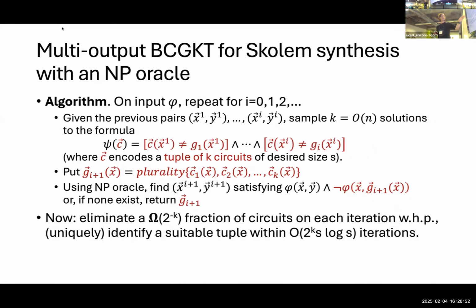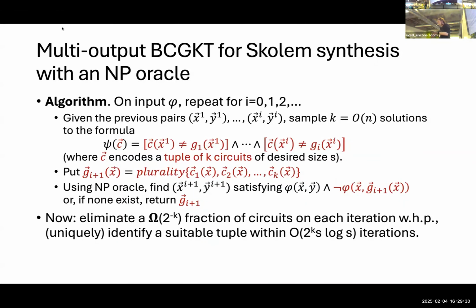I'm going to give a circuit that on some input says, what's the majority of the votes from the tuples doing on this bit? Or sorry, plurality. The point is that, because there's a small number of bits here, every time I find a counterexample, approximately a 1 in 2 to the k fraction of the remaining circuit tuples were consistent with this prediction.